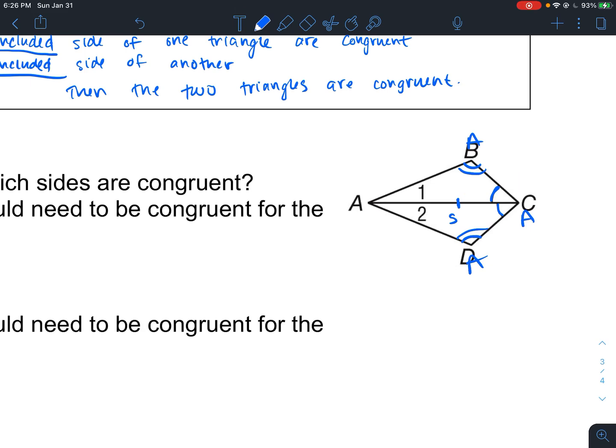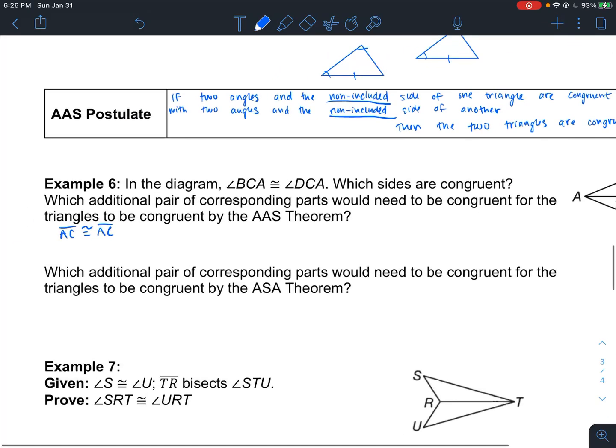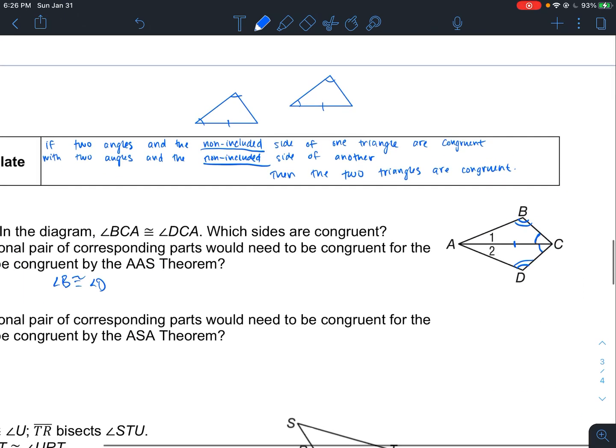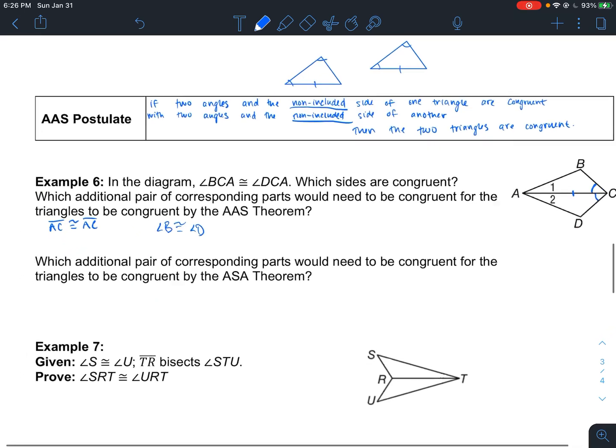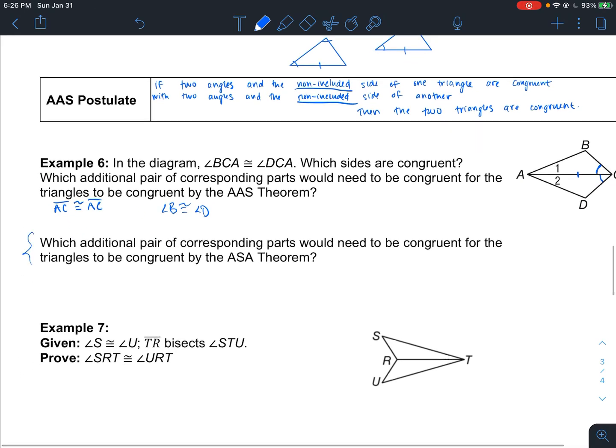So angle B would have to be congruent with angle D if this were going to be congruent by AAS, and I'm pretty sure that that's the only way that it could be. Sorry, this is just a repeat of a statement, so you can ignore that.